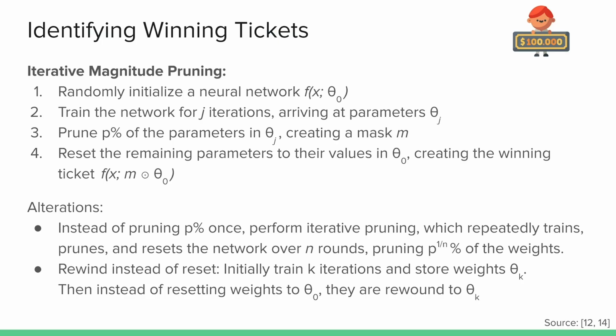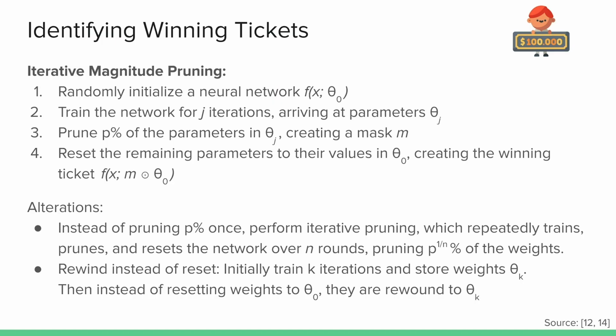How you would go on and do this is by randomly initializing the neural network and then training it for j iterations, arriving at some trained parameters. Now you go ahead and you prune p% of your parameters, thereby creating a mask to say which neurons you want to keep and which ones you remove.